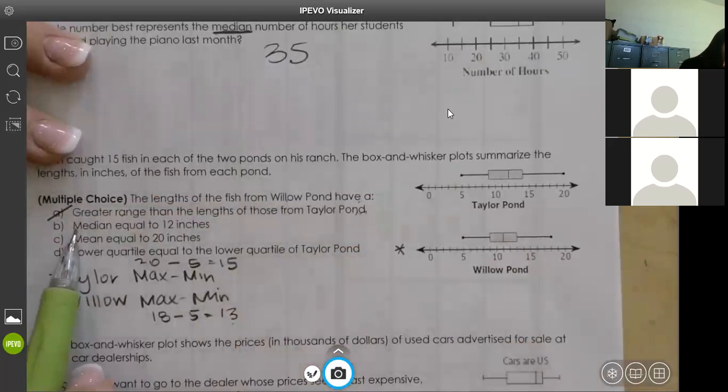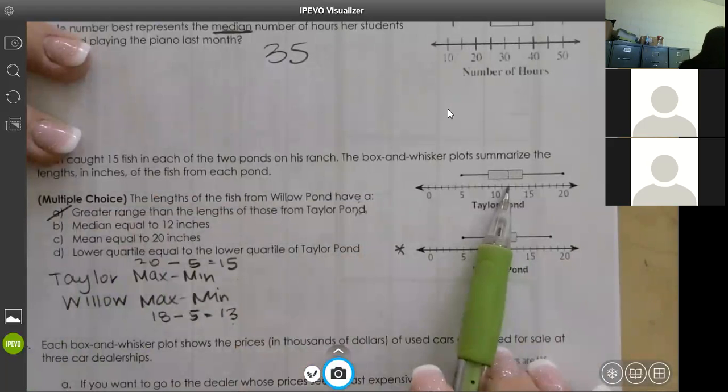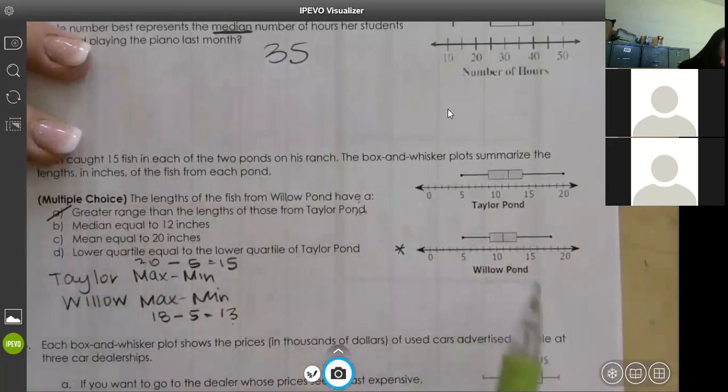Are their medians both equal to 12 inches? No, why? This one's at 12, right? But Willow is at 11, so it can't be that one. Mean equal to 20 inches. We don't really know anything about the mean, do we? All right, so let's check out the next one.